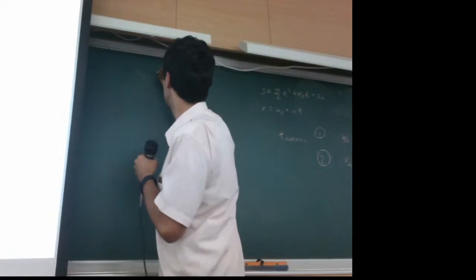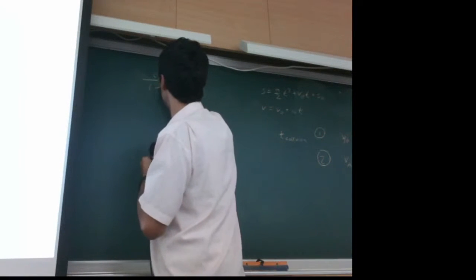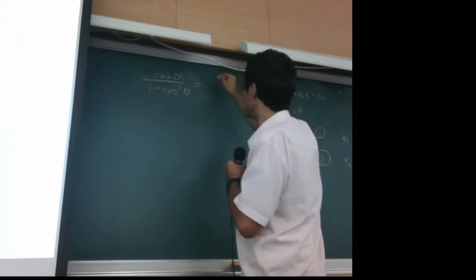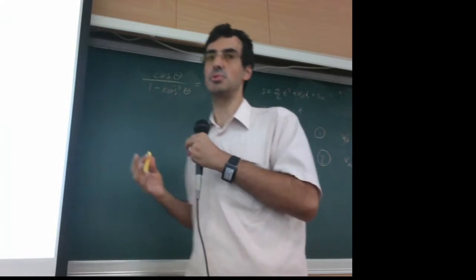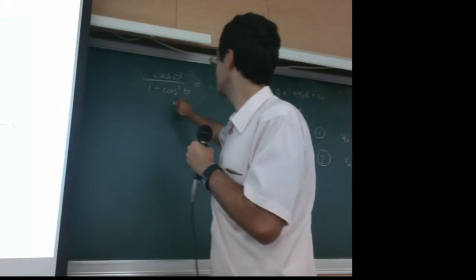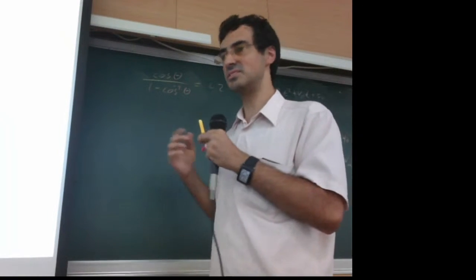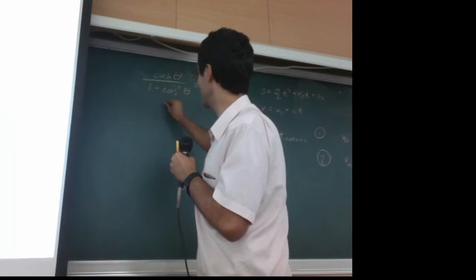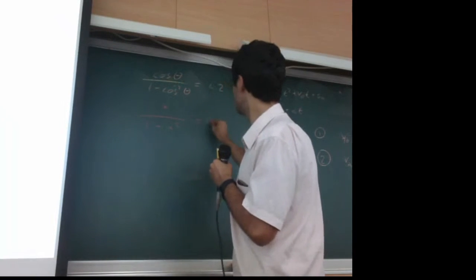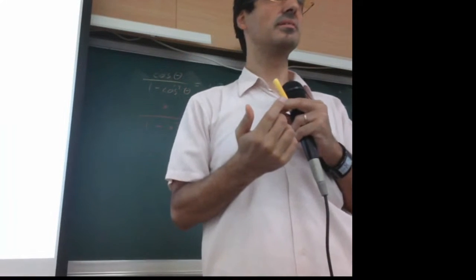Okay, so we have cosine theta over 1 minus cosine squared theta gives me a number. I'm not sure if it's 4.2, but it's just a number, right? All the other things we know. So we have to solve for that one. And now you're like, we still have cosines in there. I'll just rename them, okay? I call this one x, and this one 1 minus x squared equals 4.2. Just call them differently.